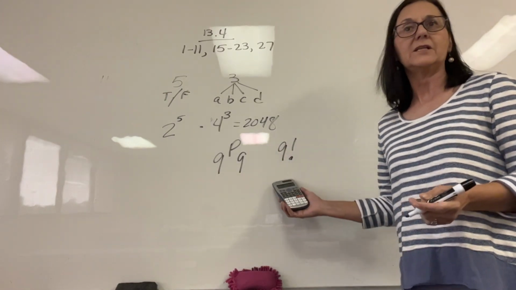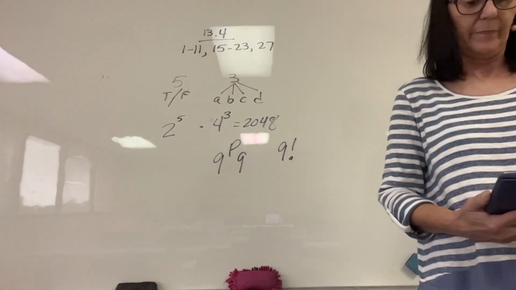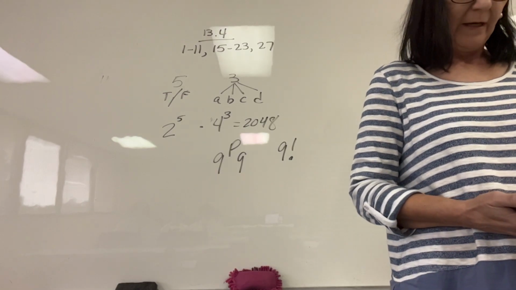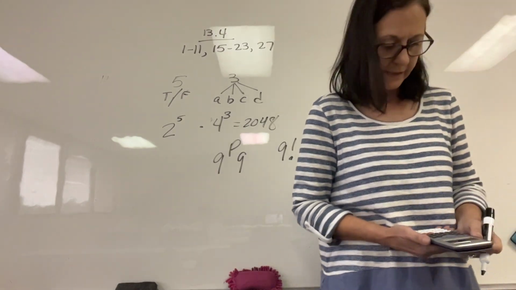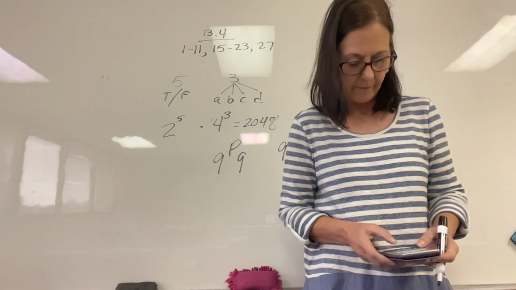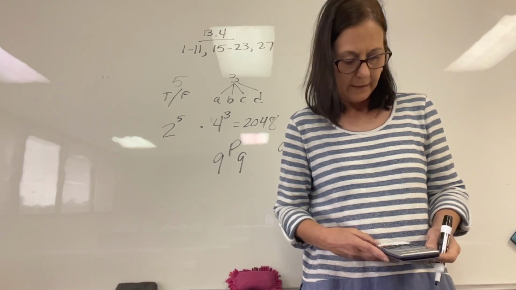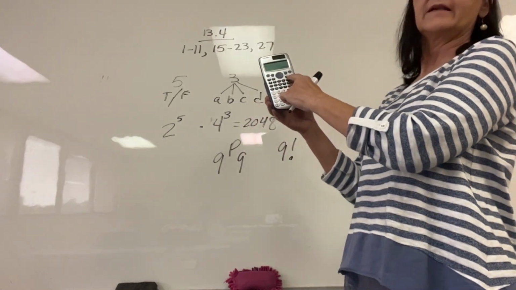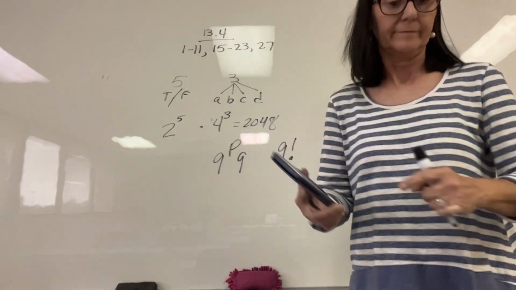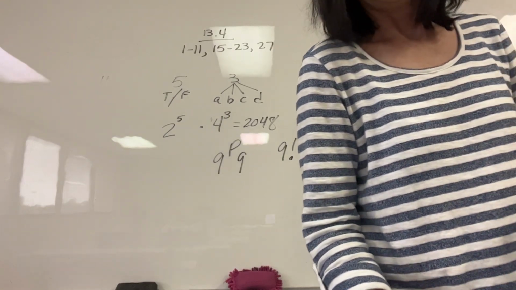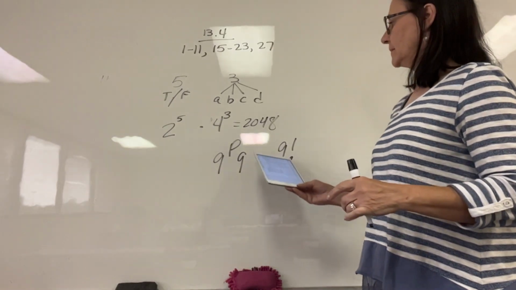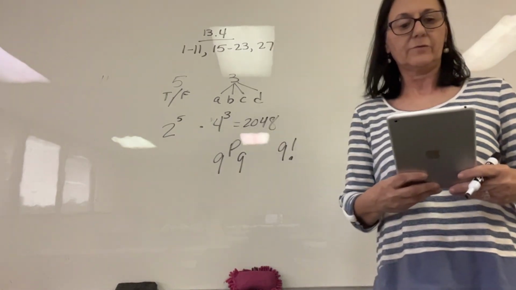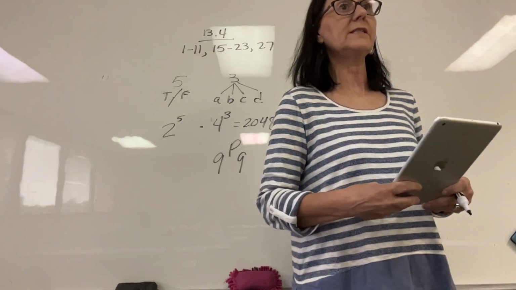To me, it's just easy to know it's 9 factorial. Both of those would get you the same. Factorial is on this calculator as well. It's under math and the one far right. And on this calculator, it's shift x to the -1. What's the answer? 362,880. Everybody got 362,880?